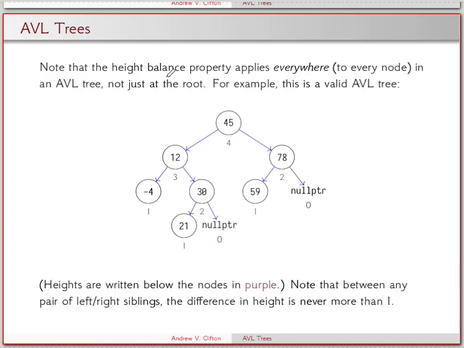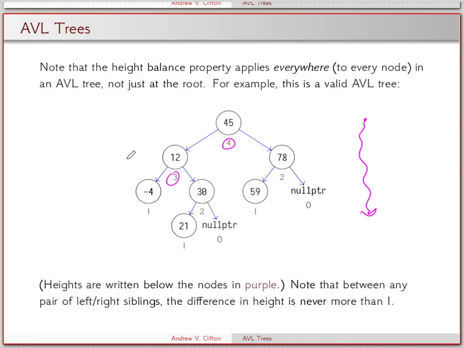This height balance property applies everywhere, not just at the root. So I'm going to draw the heights of the trees in this purple color underneath the nodes. So that's the height of that subtree. The height of the whole tree is 4, from the top down to the very bottom, right? It's 1, 2, 3, 4. But we need to know the heights of the individual subtrees as well.